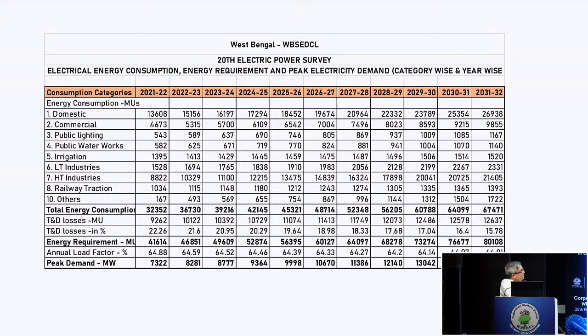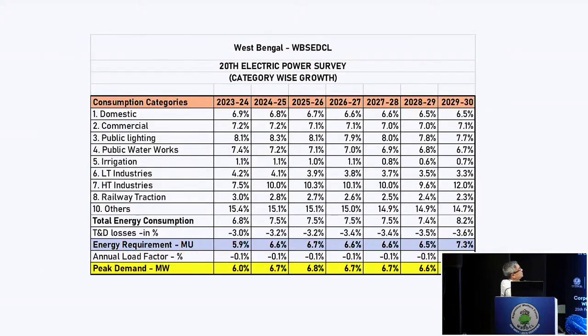But this is the projection done by the Electric Power Survey in the last projection. So this is the traditional projection we do. This is the growth for all the categories.